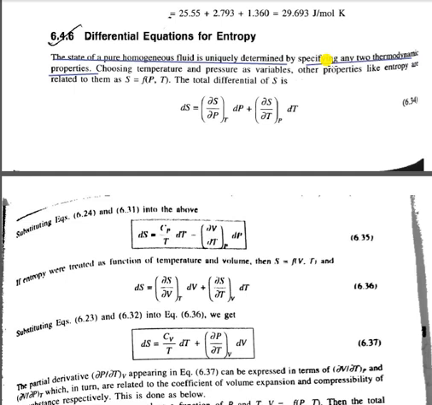So the total differential of S, entropy. તો કોઈ પણ બે ફંક્શન છે, બરાબર, એના સાથે જેમ કે એન્ટ્રોપી છે, it is a function of pressure and temperature. So how can it be defined?